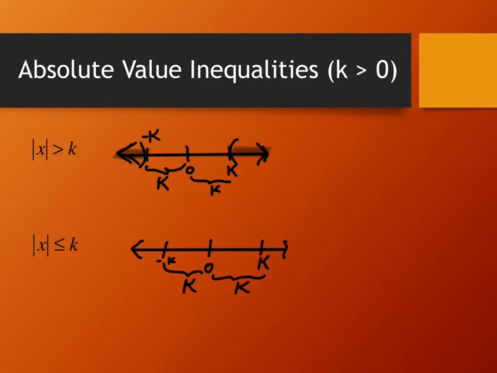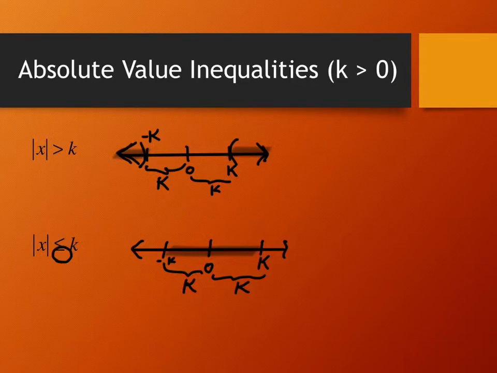This is negative k over here. But my shading is less than k. My distance has to be between them. This would be the area in which I was willing for us to actually move to live in and drive from. Oh, mine was brackets. Again, this is what happens when I keep zooming in and out. Thank you so much. Yes, this one had brackets because it has less than or equal to.